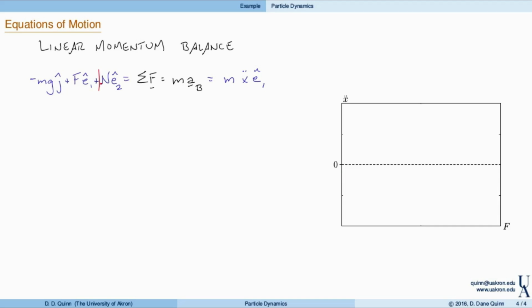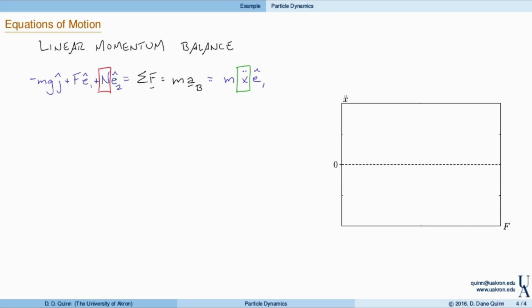So now let's look at this equation. Our unknowns are N and x double dot. M was given as part of the problem statement. G is known. And the applied load was also given as part of the problem statement, and it's assumed to be a known quantity. So now if I look at these two unknowns, x double dot and N, they are nicely split in the E1 and E2 directions.